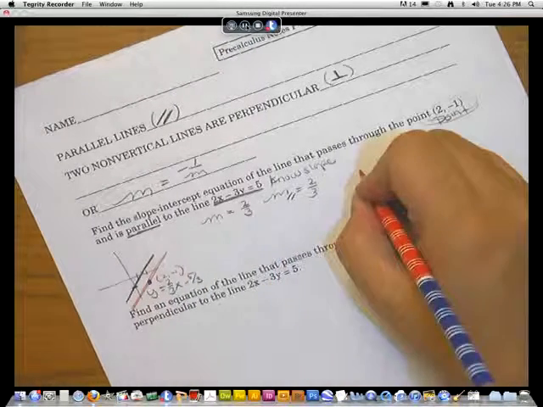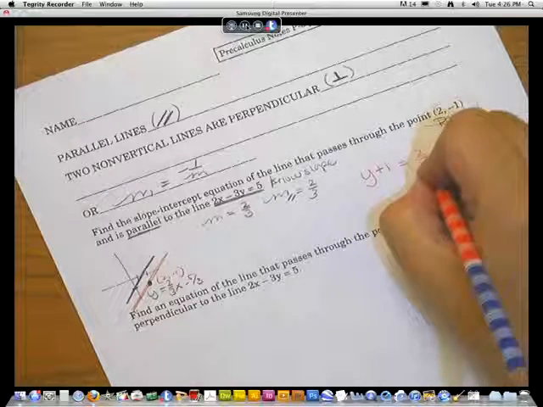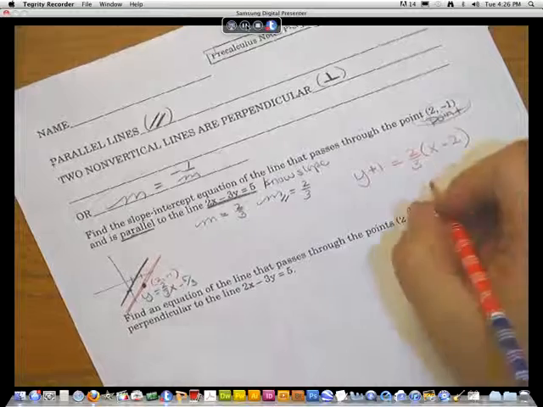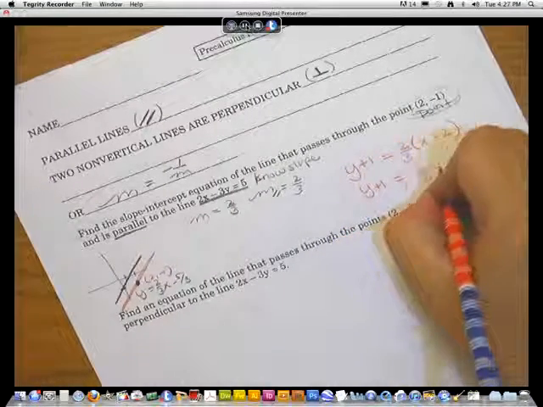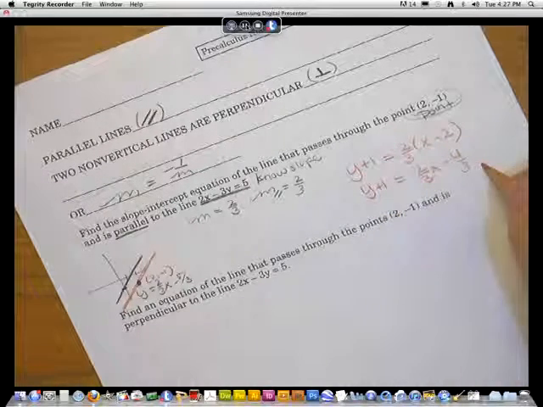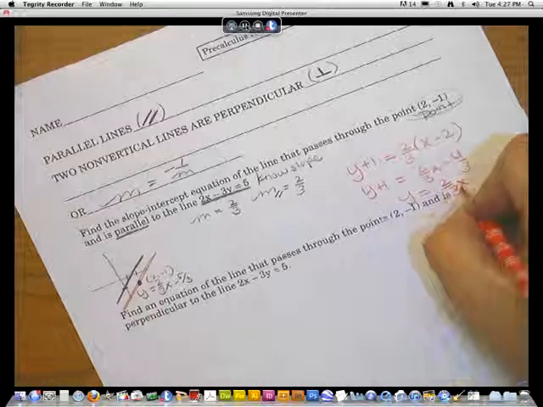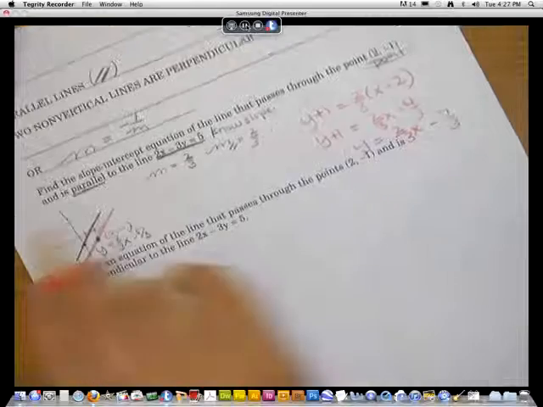So now we get to use y minus y1 equals m times x minus x1. Simplify this down by distributing. Subtract the 1 over, so we get y equals 2/3 x minus 7/3.